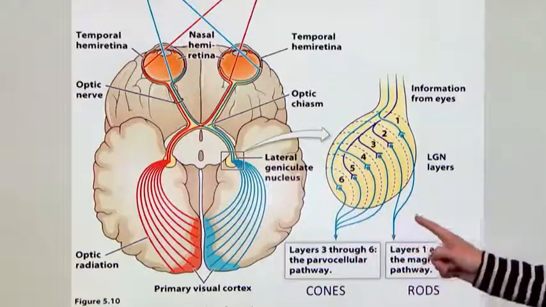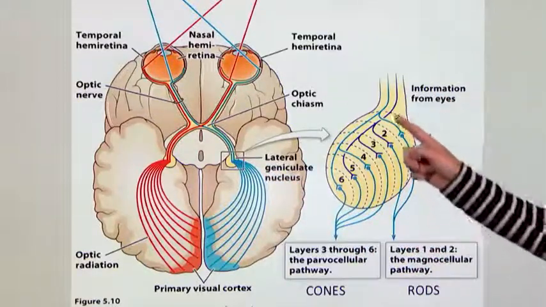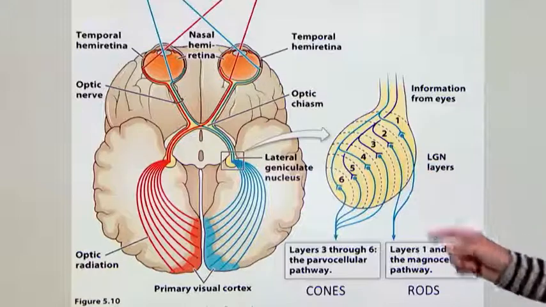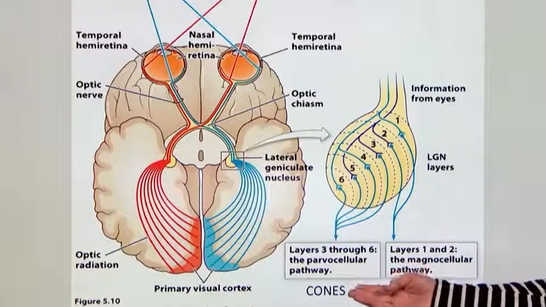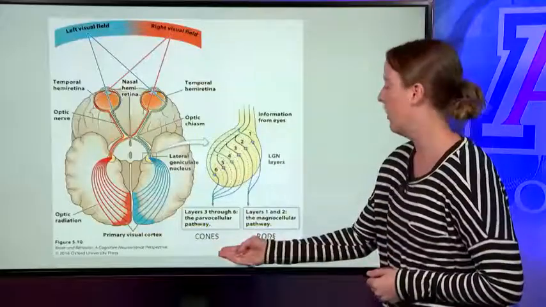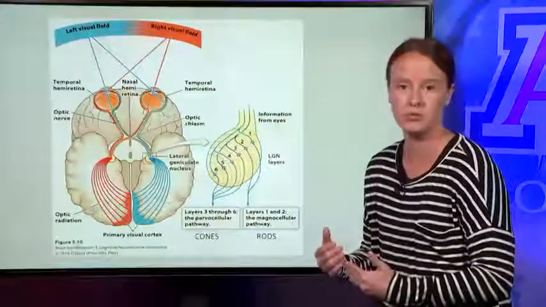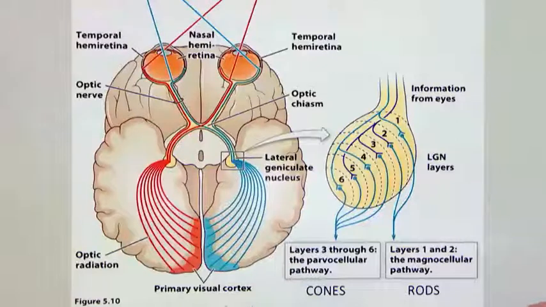Now here we are zooming into the LGN, and the LGN has different pathways. They're broken up into the parvocellular and the magnocellular pathways. That's some lingo you might have seen in the textbook. The key idea here is that parvocellular pathways process information from the cones. Remember, the cones are those photoreceptors that give you color, fine detail, and sharp vision.